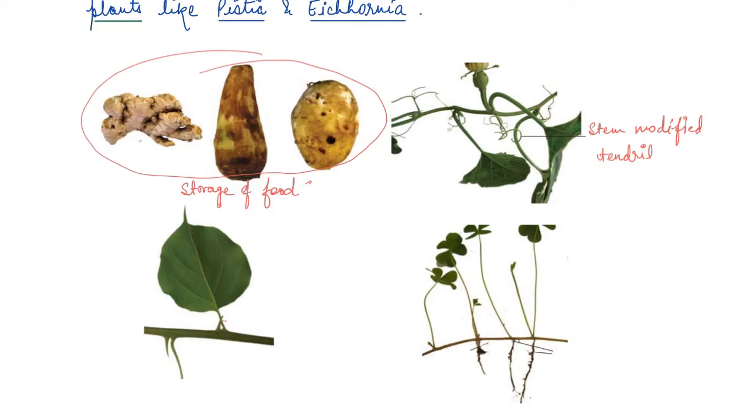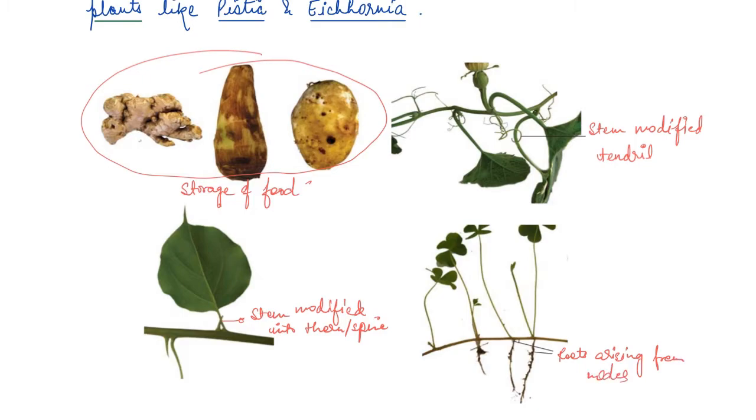Then here you can see that the stem is modified into a thorn or spine for protection, right? Now here you can see that in this case the roots are arising from nodes, right?